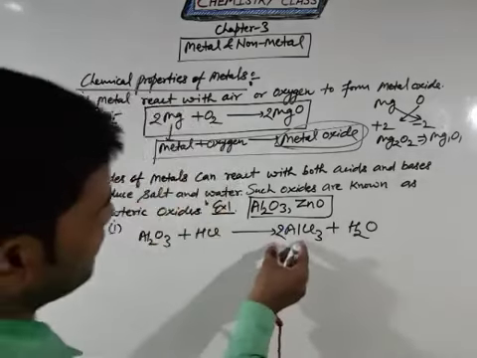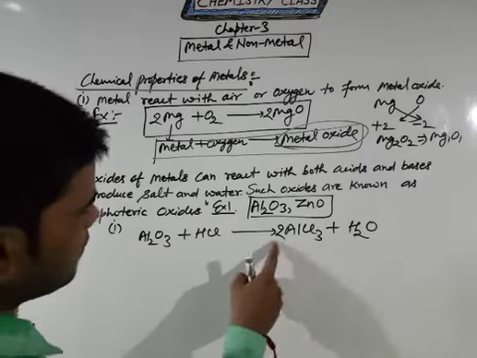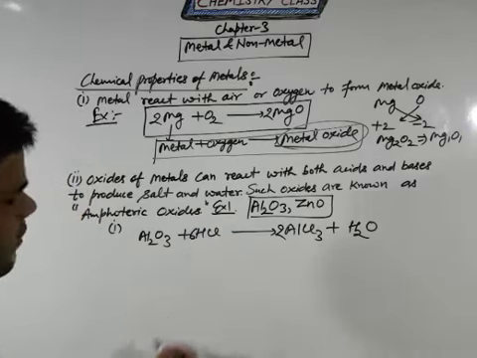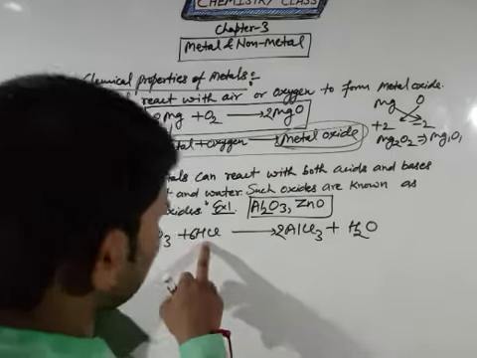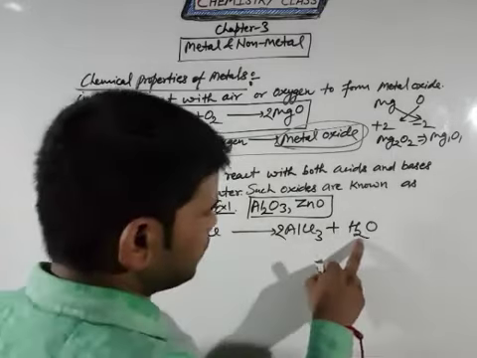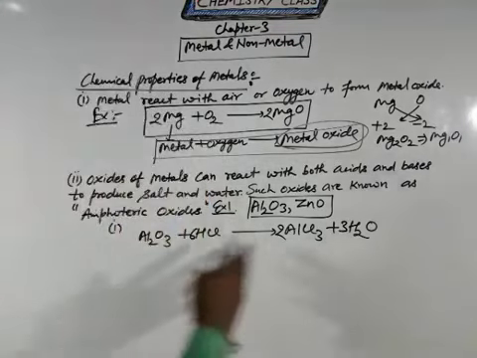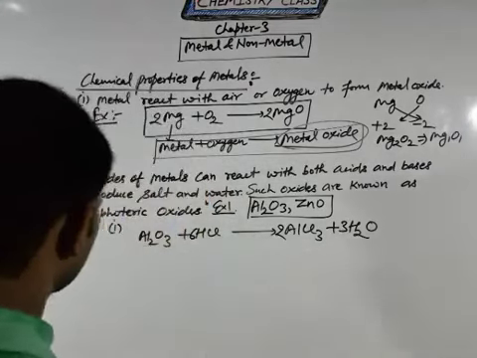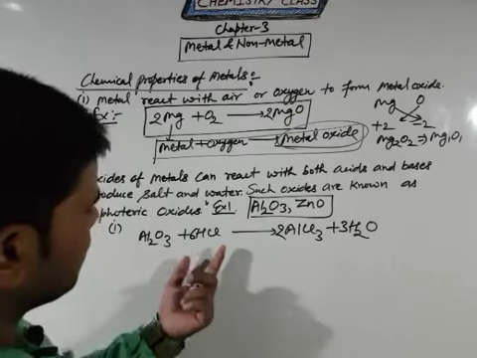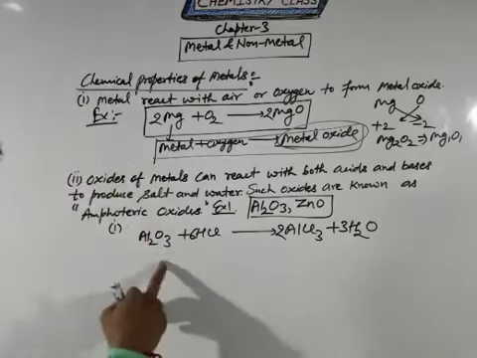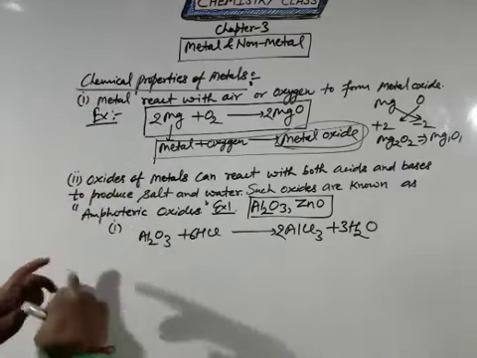After that you can see here how much here, 6, but in this case only single, so first multiply by 6 and balance the hydrogen. Hydrogen is 6 there, but in this case you have only 2 hydrogen, so first multiply by 3 and after that you can see it is our balanced chemical equation. So this is the action of acid with amphoteric oxide.